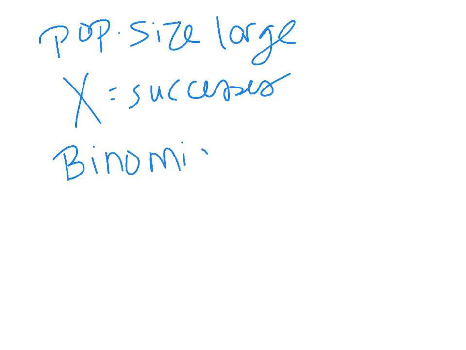If you remember from the last chapter, we talked about binomial versus geometric distributions. Our binomial distributions were how many successes we had, where our geometric distributions were how many attempts it took to get a success.